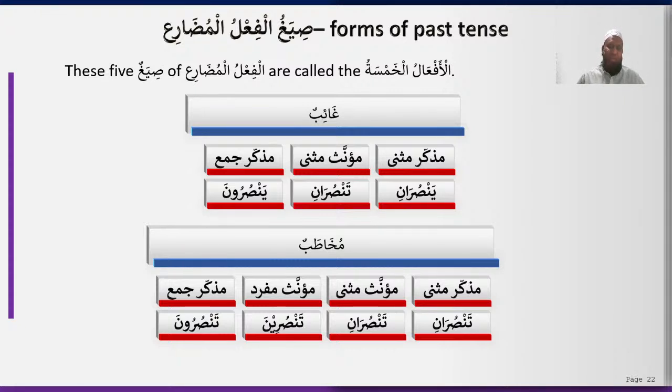So next time you read the Quran, when you come across a fi'l mudari, can you find al-af'al al-khamsa? Yes, easy. Just look at the muthanna sigas, look at the jama sigas, and look at the muannas mufrad sigha. Al-af'al al-khamsa.